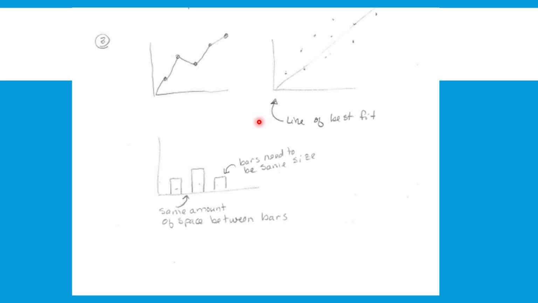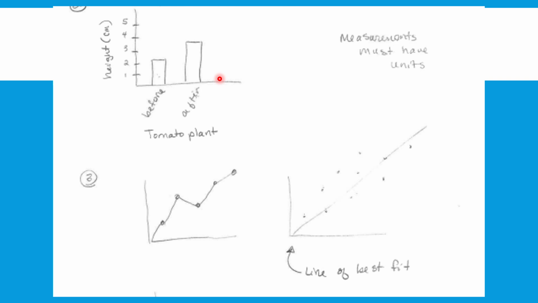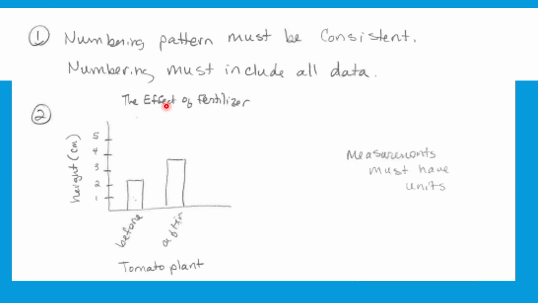So these are the things that will have points taken off. If the bars are not the same size, there'll be points taken off. If there's not the same amount of space between the bars, then there'll be points taken off. Depending on the graph, if there's not a line on your graph, whether it connects the points or a line of best fit, as the instructions tell you, there'll be points taken off. If you don't have a title, there will be points taken off.